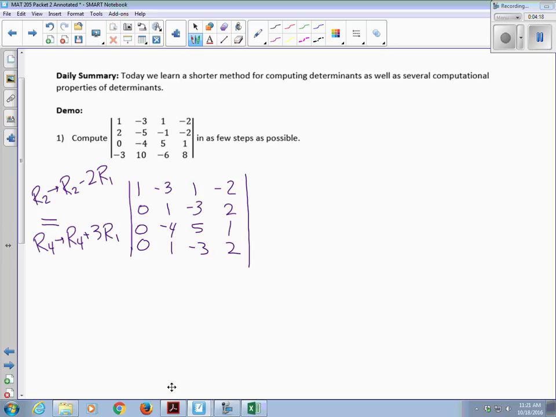So I'm going to do, again, just row replacements. So let's see, row 3 is going to become row 3 plus 4 row 2. And row 4 is going to become row 4 minus 1 row 2.